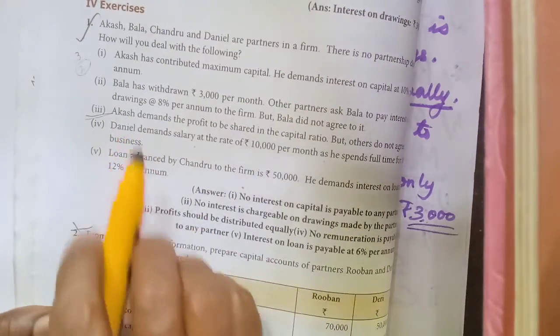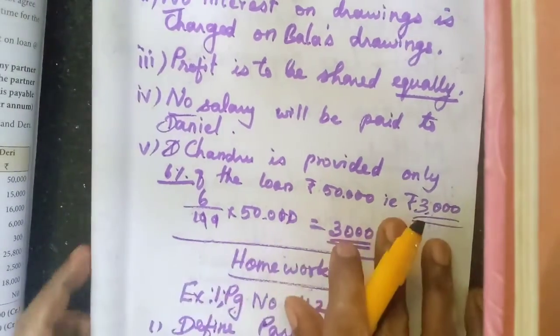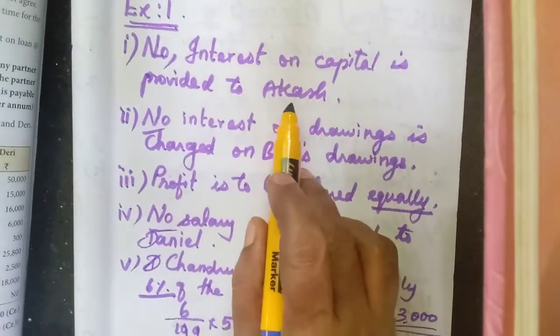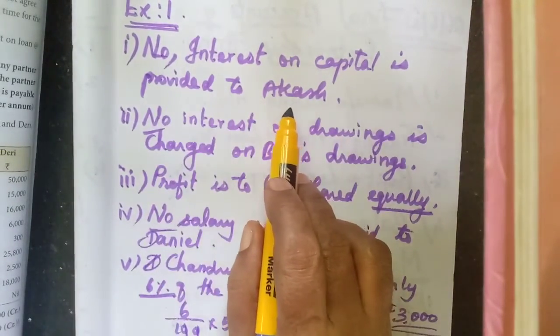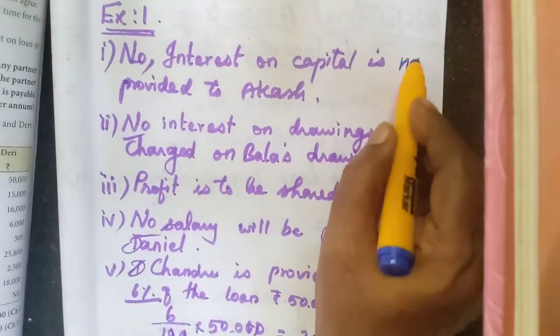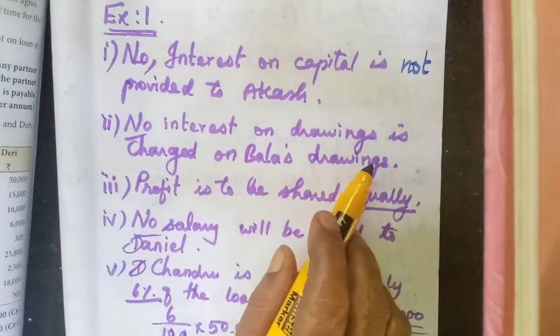We have completed one exercise and one illustration. It is written like this. Answer: you have to write as a statement. No interest on capital is provided to Akash.